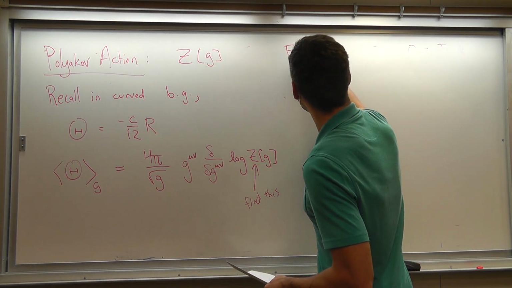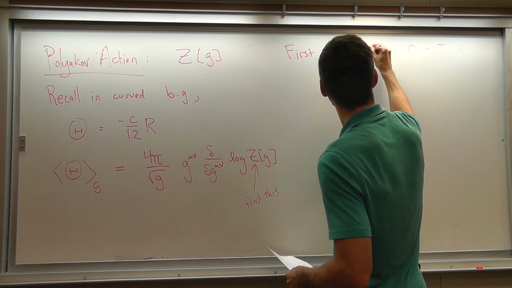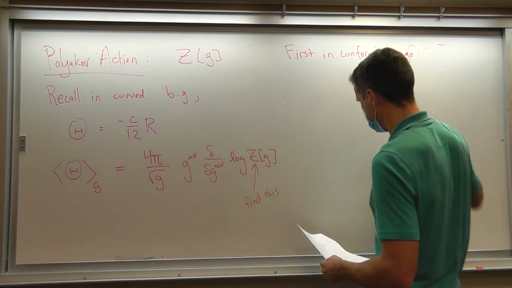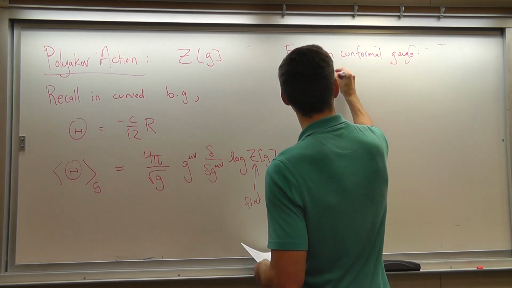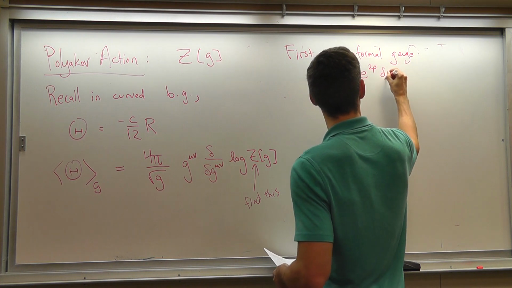We'll first do this in conformal gauge. Conformal gauge just means we set the metric g mu nu to be e to the 2 rho times the flat metric.